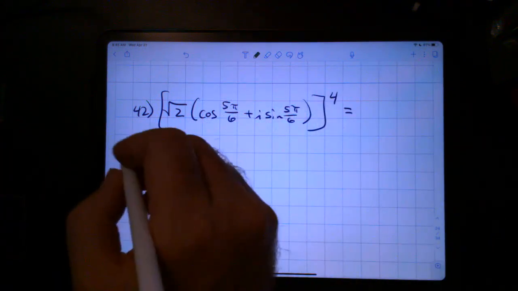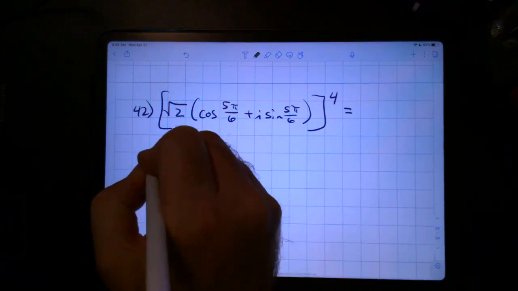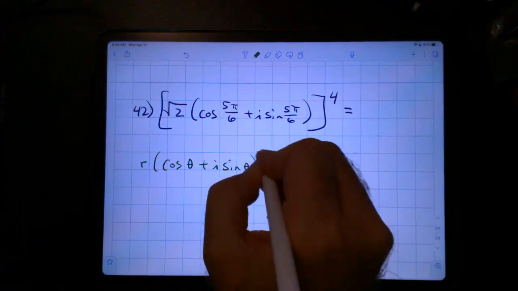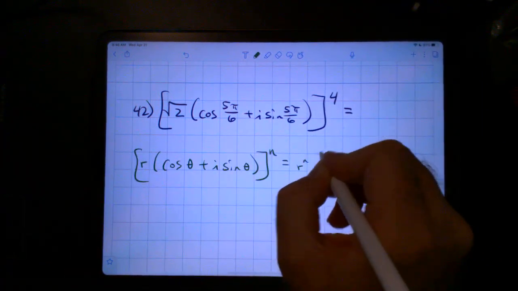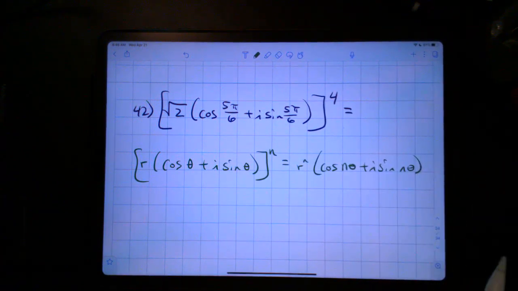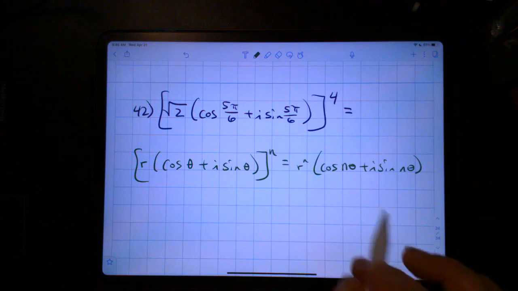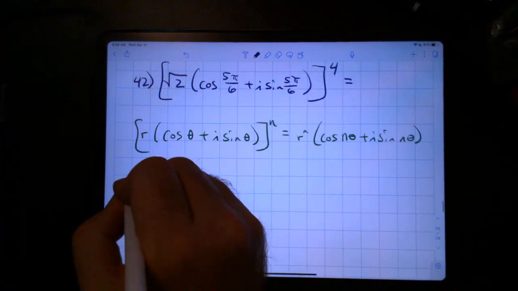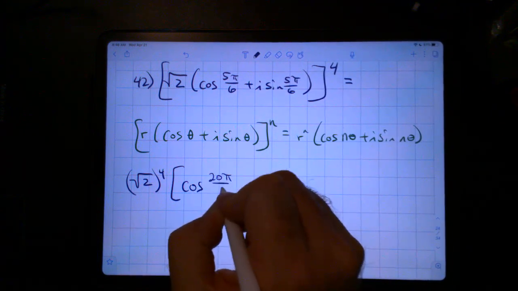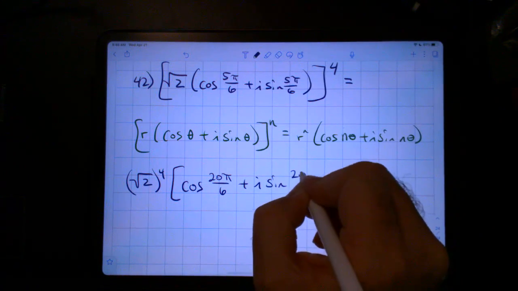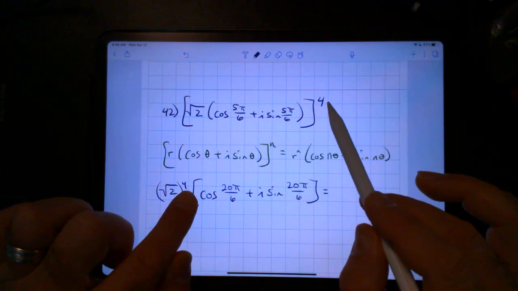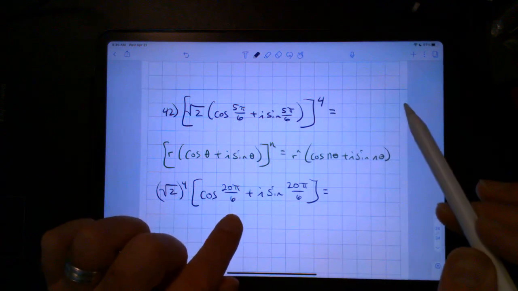So this one is of the form, and so what this is going to give us is, because 4 is our n. 4 times 5 is 20. 4 times 5 is 20.